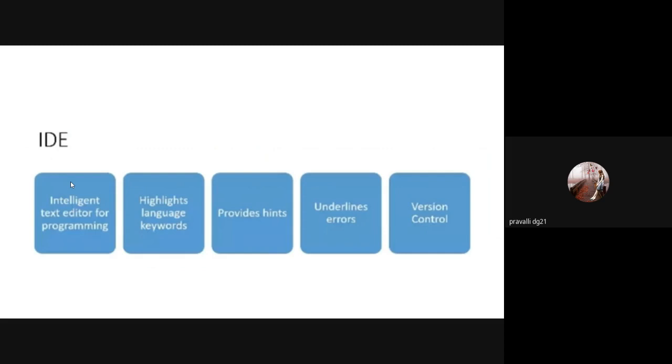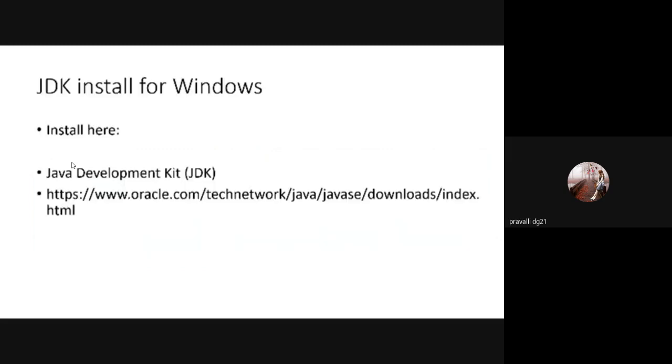An IDE is an intelligent text editor for programming, highlights language keywords, provides hints, underlines errors, version control, and also JDK installed for Windows. These links I kept in the description. You can check and install the JDK kit.